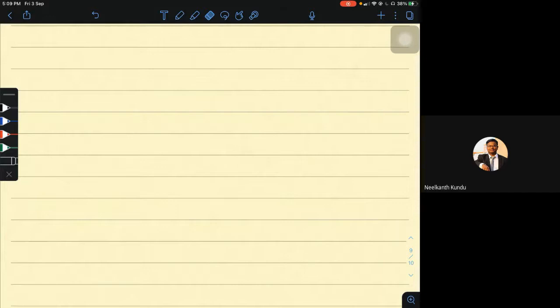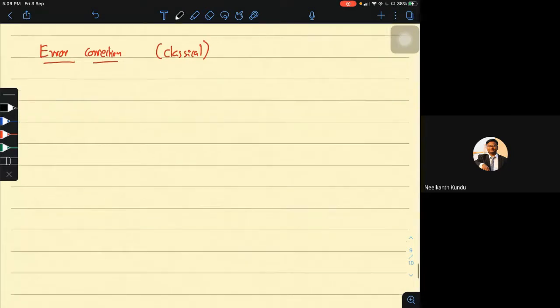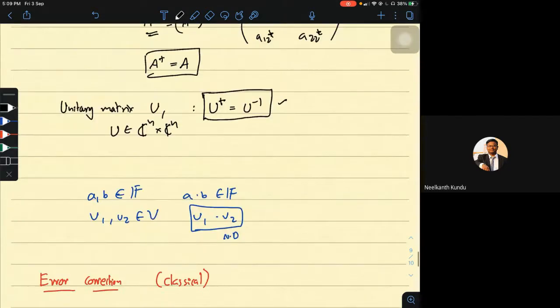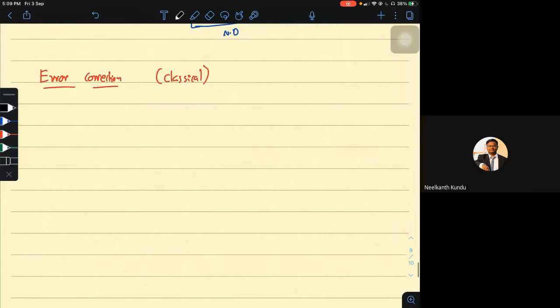We're going to talk about error correction systems now. We had taken vectors in some vector space V, which we had written in terms of this.